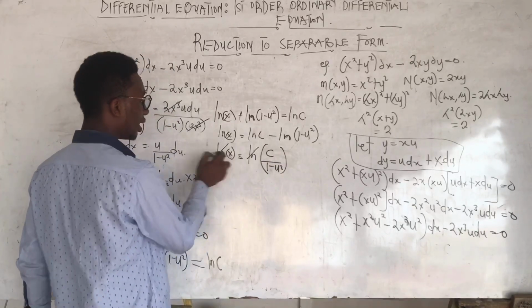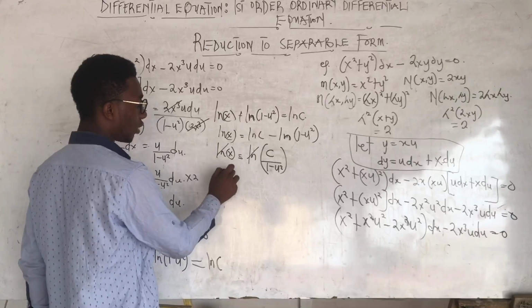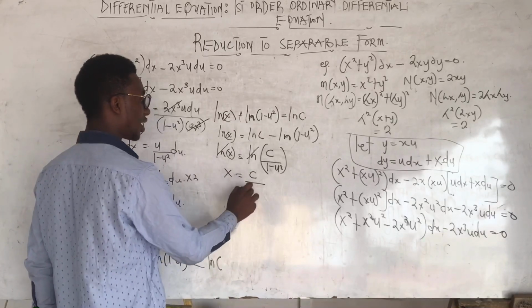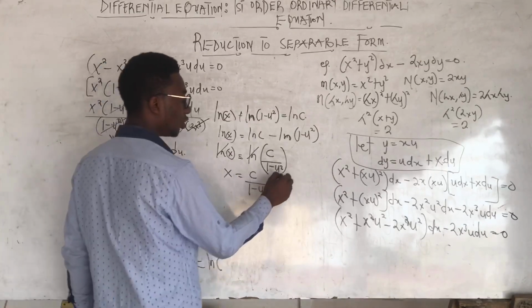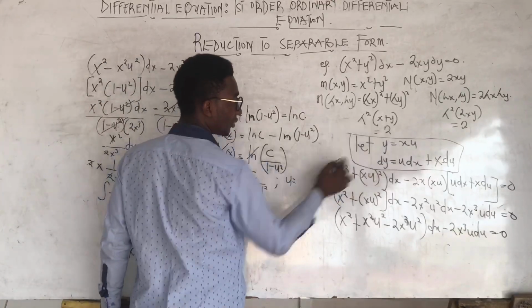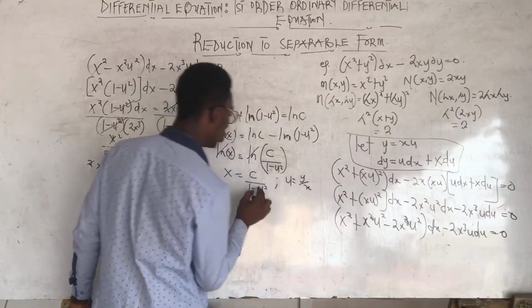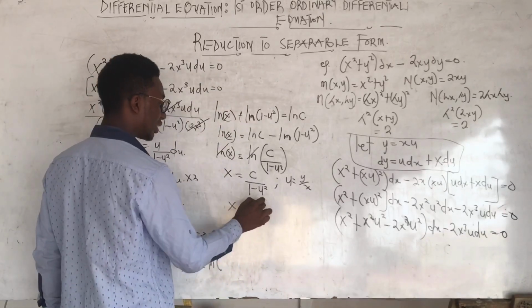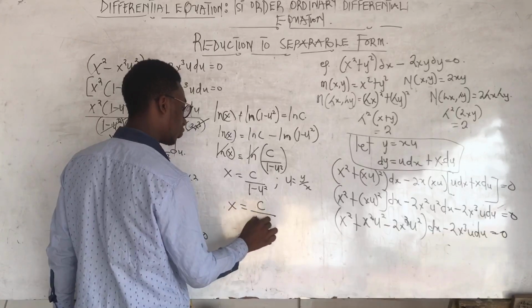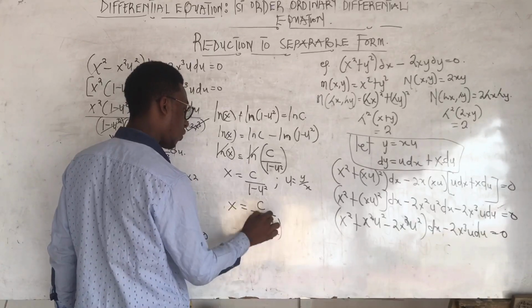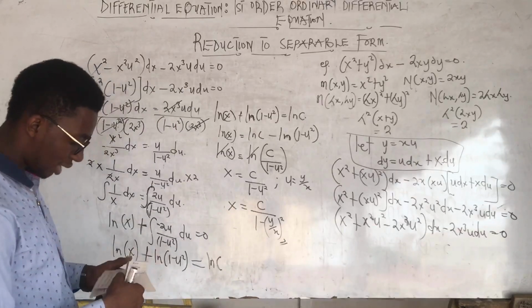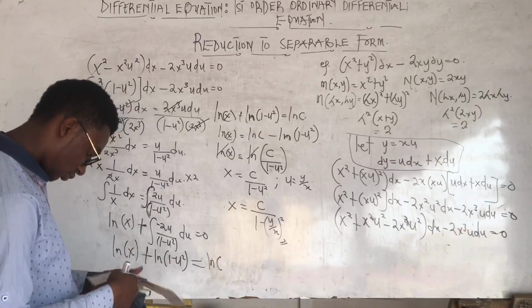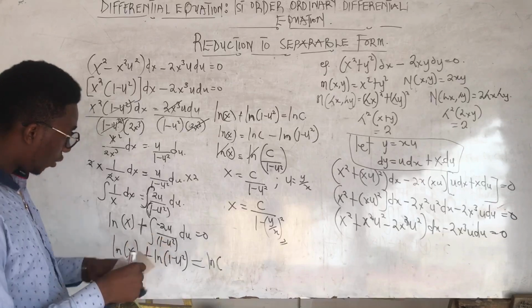So you can now take the ln away. You have your x, which is equal to your C, all divided by 1 minus your u squared. Now take note that your u is the same as y on x. So introducing the u, you can have your x as C divided by 1 minus y on x, all squared.